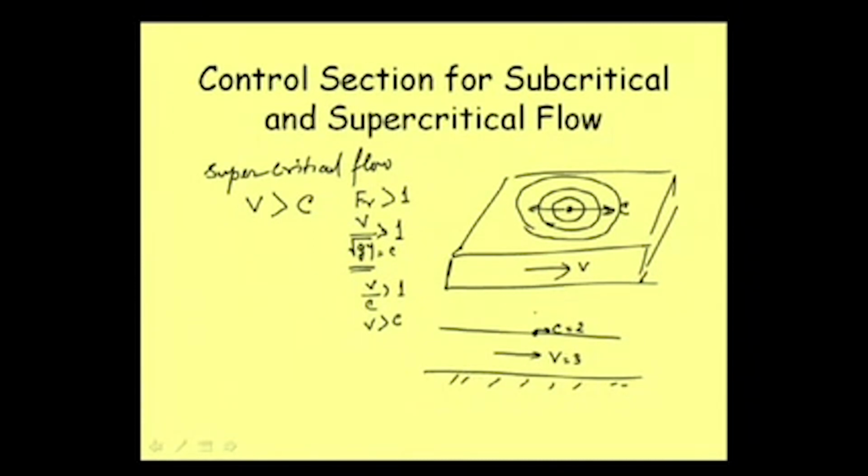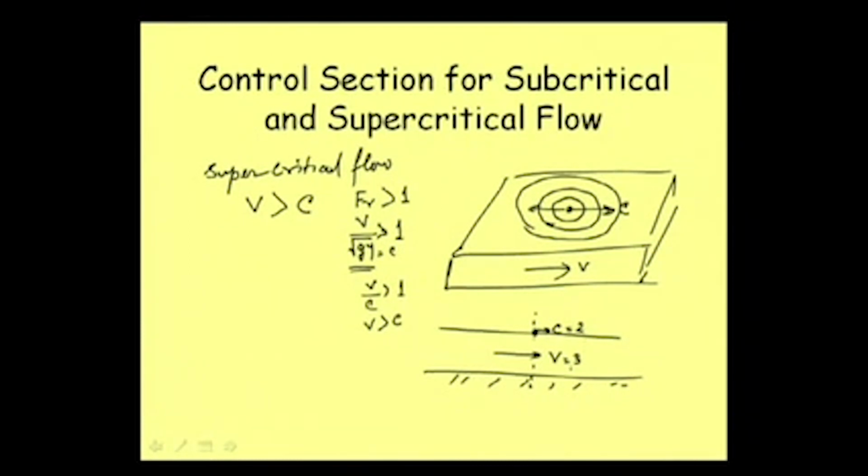Opposite direction means the upstream direction of this point. As v is 3 and c is 2, if the wave tries to move in this direction also at 2, we need the net speed, because the fluid is moving and the wave is moving with it.